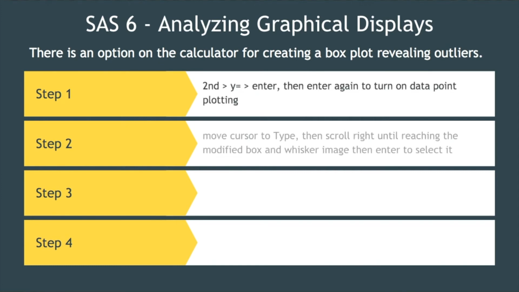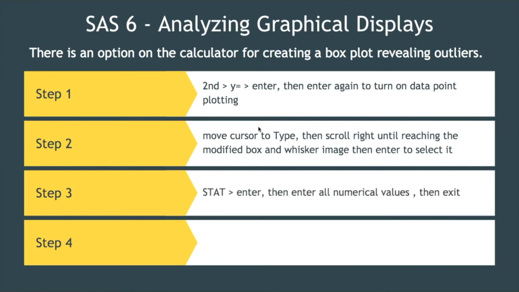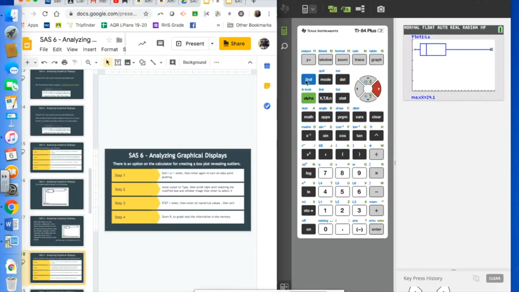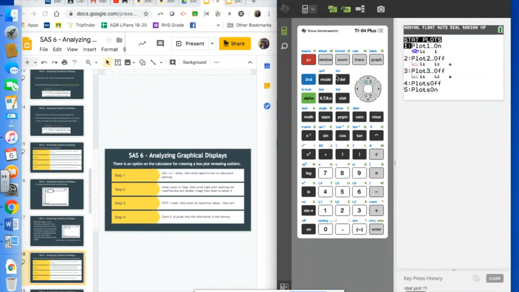You do almost the same thing. You're going to look at the modified box and whisker image, then enter to select it. So it's exactly the same thing. We'll use the same values, but we'll just change the type of stat plot we use. And as you can see here, we're going to have to hit enter, and it's still on, but I'm going to scroll down, and this time I'm going to move to the one that's highlighted there.